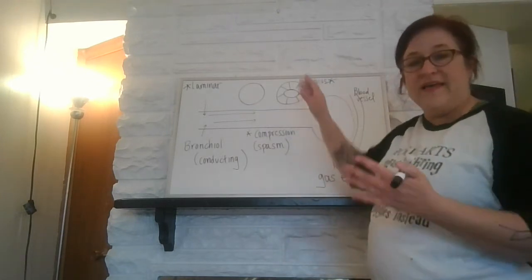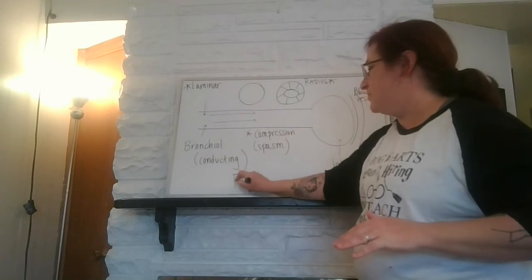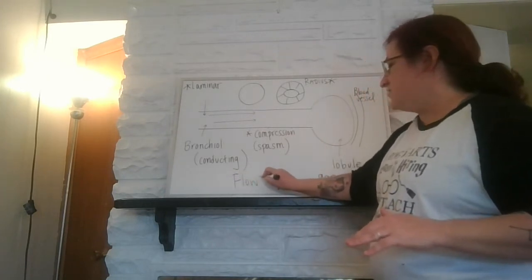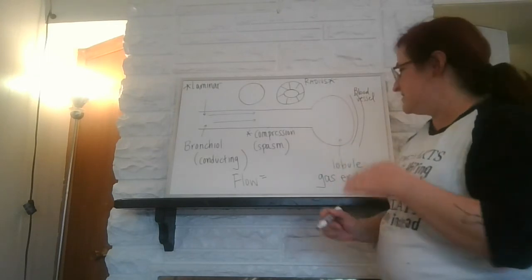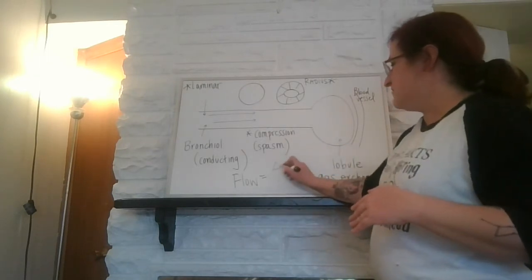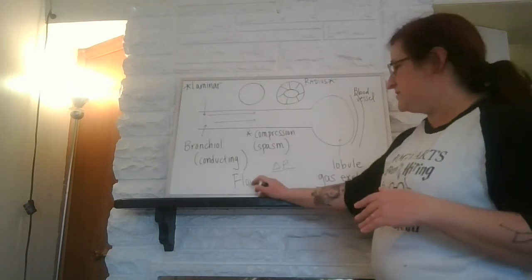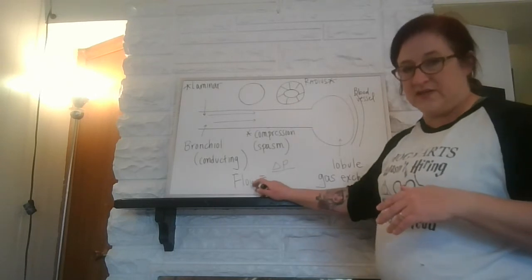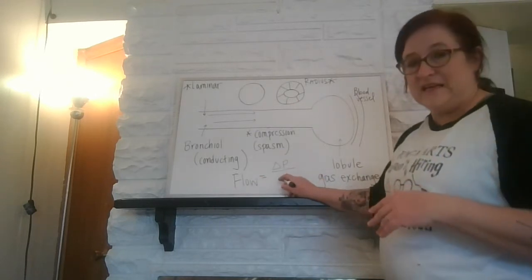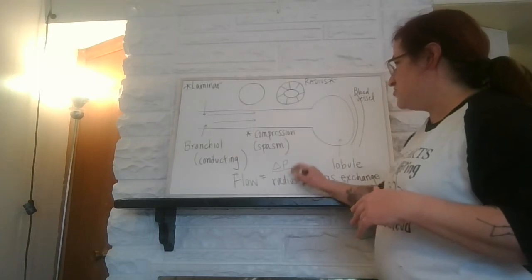The same thing that we talked about with flow in blood vessels also holds true for the conduction of air through the conducting airways. We want the pressure difference, the pressure gradient, which we got from the respiratory muscles. That helps increase flow. They have a direct relationship, but there's an indirect relationship with the radius of the tube.